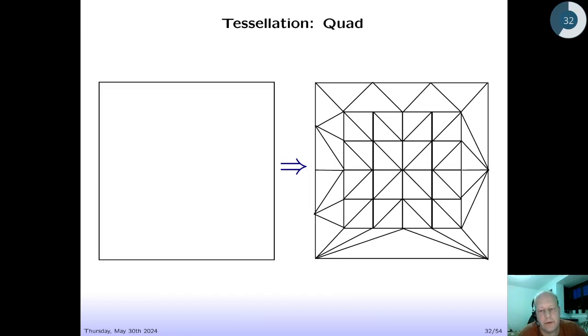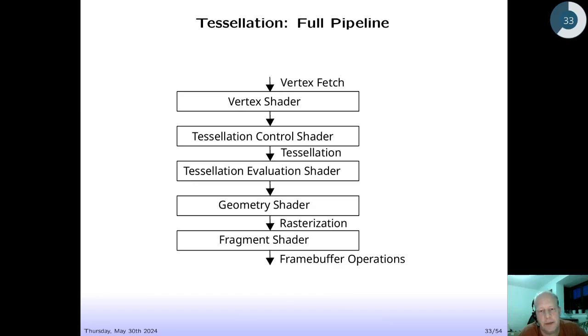The next thing we're going to look at is a full OpenGL pipeline. The full OpenGL pipeline consists of a vertex shader again, but now it's followed by a tessellation control shader, which controls how many vertices are created, and a tessellation evaluation shader, which then uses tessellation coordinates to generate vertices.